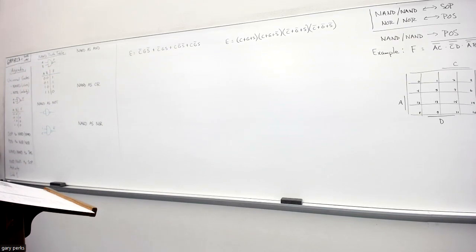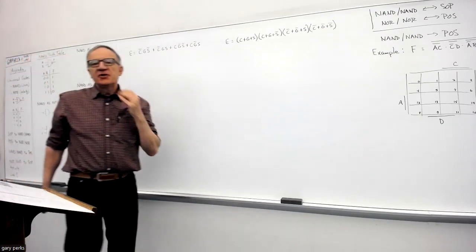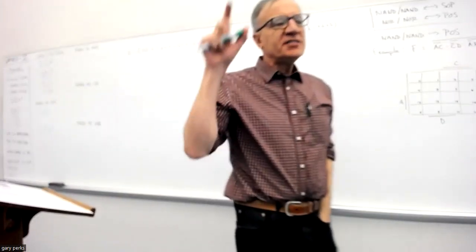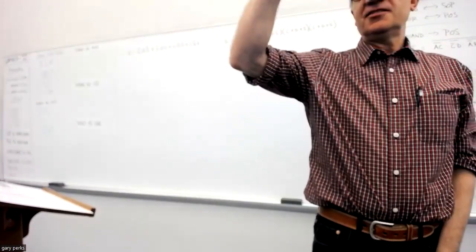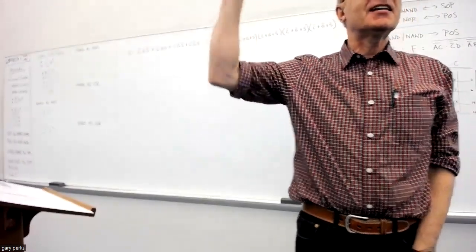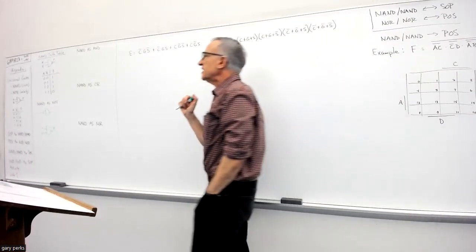Okay. All right. So now let's move on. You can also use a NAND gate to represent an AND. Actually, it takes more than one NAND gate to represent an AND gate. This goes back to something we talked about last week: what is a NAND gate equivalent to?